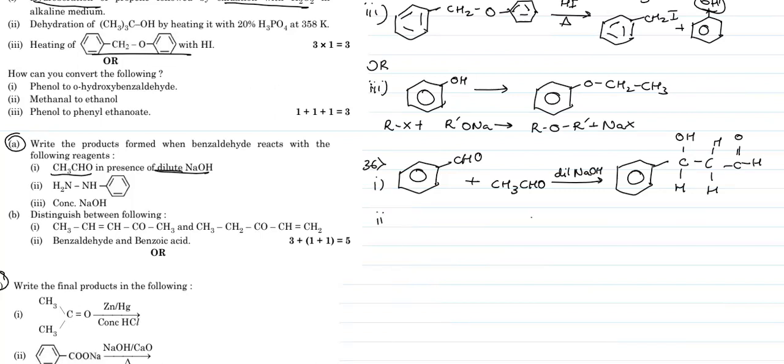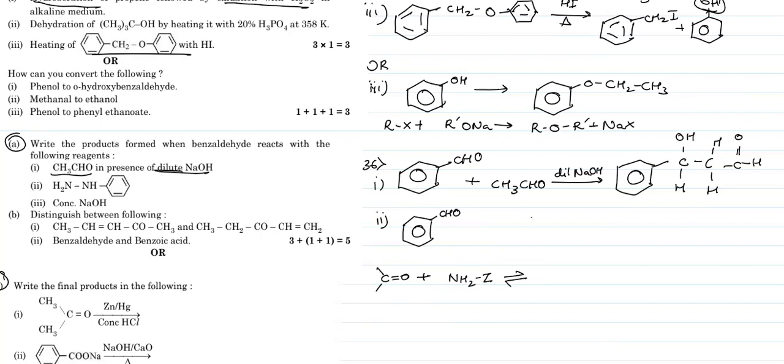The next one is benzaldehyde reacting with this. Now, as we know, this is a nucleophilic addition reaction. So when you have a nucleophilic addition reaction with an amine, basically when you have an aldehyde, C double bond O, reacting with NH2Z, this gives rise to an adduct.